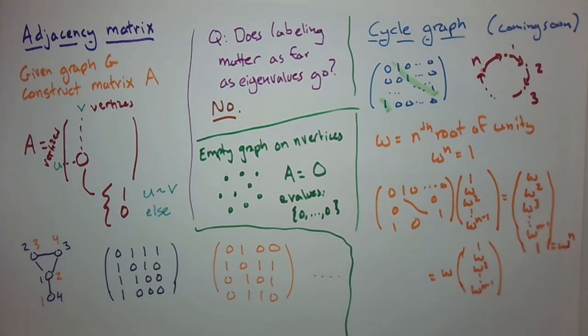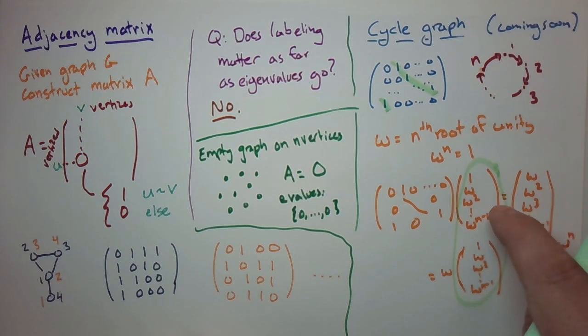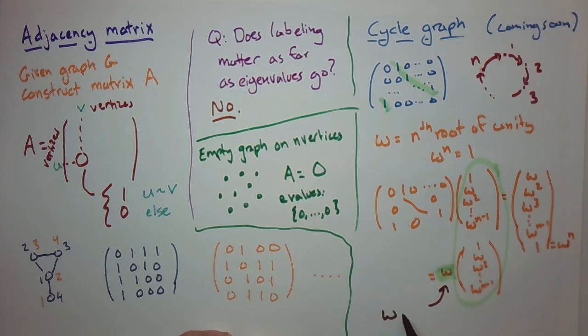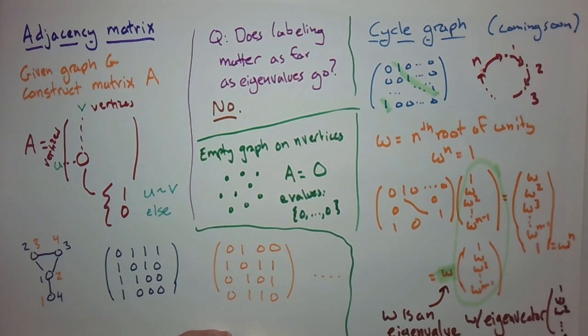When we multiplied this matrix by this vector, we got the same vector back with the value omega. So now, a great aha: this says omega is an eigenvalue, and we also know the eigenvector. The eigenvector looks like 1, omega, omega squared, down to omega to the n minus 1.